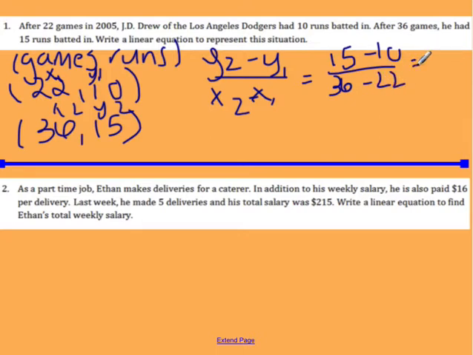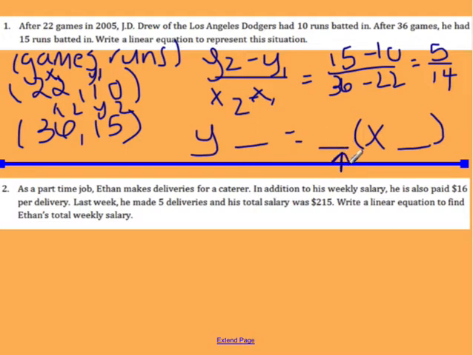Well, 15 minus 10 is going to give me 5. 36 minus 22 is going to give me 14. So that's my slope, and now I'm ready to plug it into point-slope form, and that's where I use the puzzle to set it up. In here is going to go the slope, which is 5 over 14.